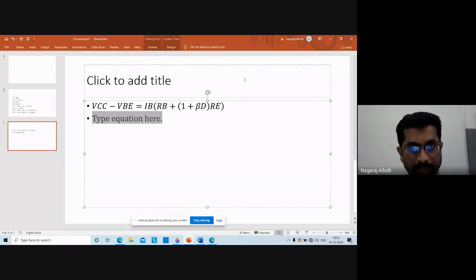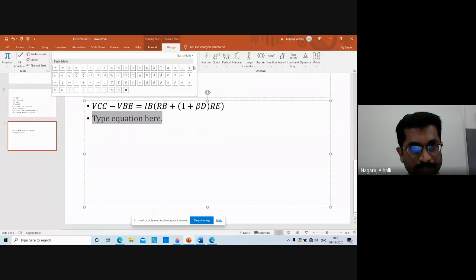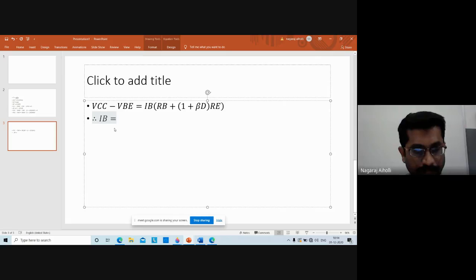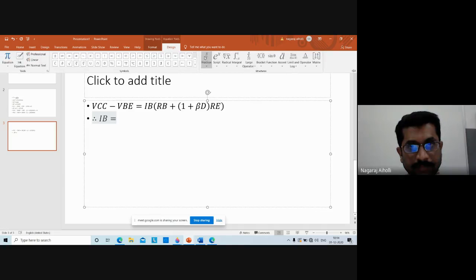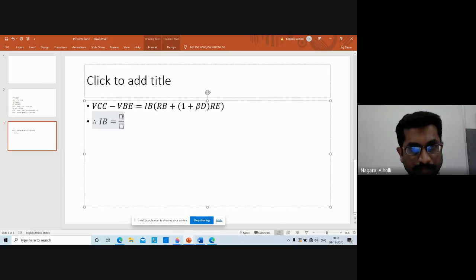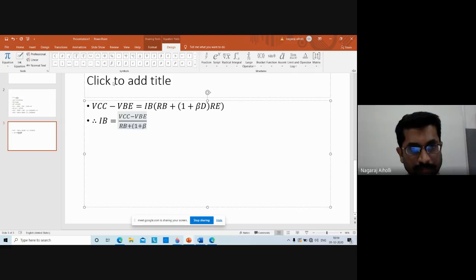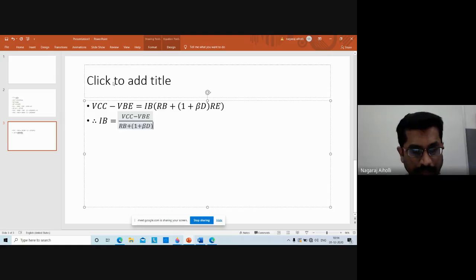Therefore, we have IB is equal to VCC minus VBE, divided by RB plus 1 plus beta D into RE.